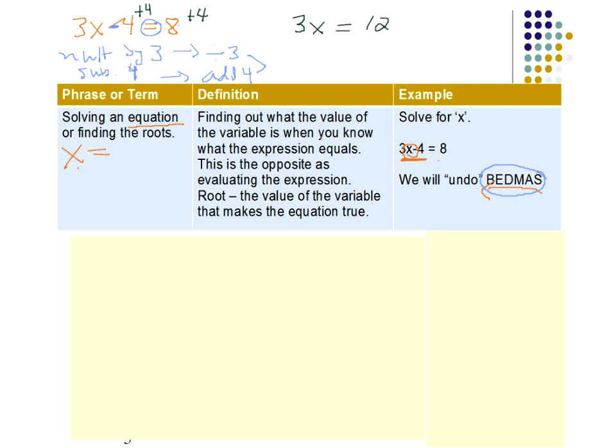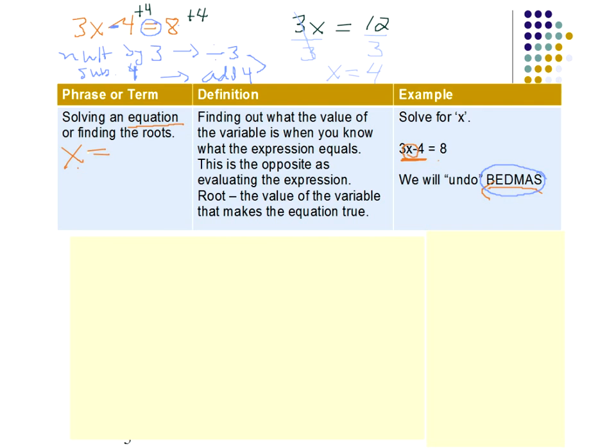And then here I have 8 plus 4 is 12. Now I'm going to undo what's being done. I'm multiplying by 3. I'm going to undo that by dividing by 3. If I do it to this side, I've got to do it to that side. 3 divided by 3 is 1, so I just have 1x, which we just write as x, and 12 divided by 3 is 4.